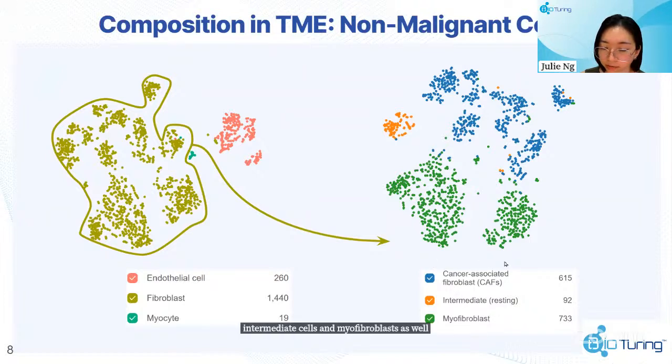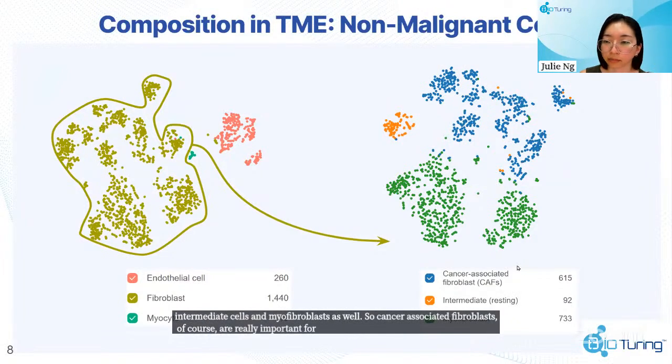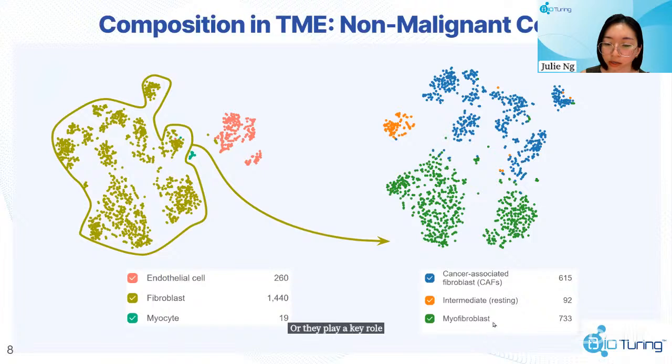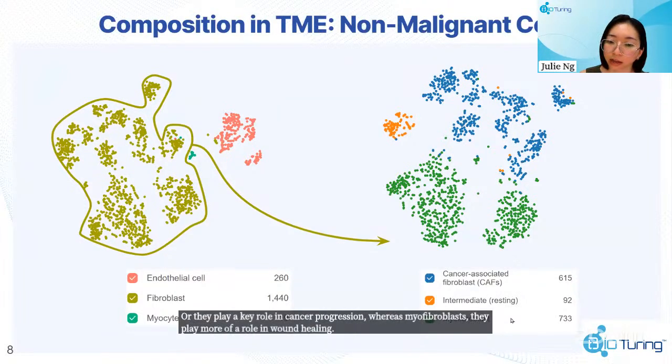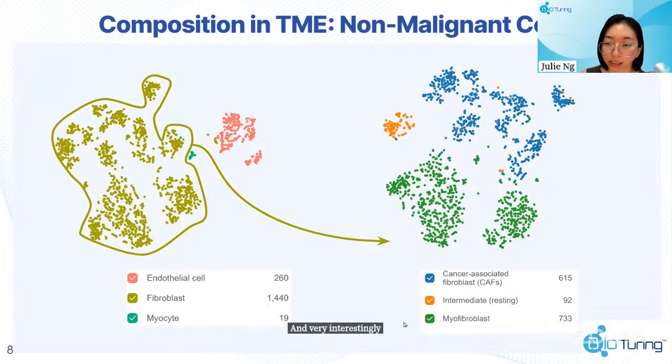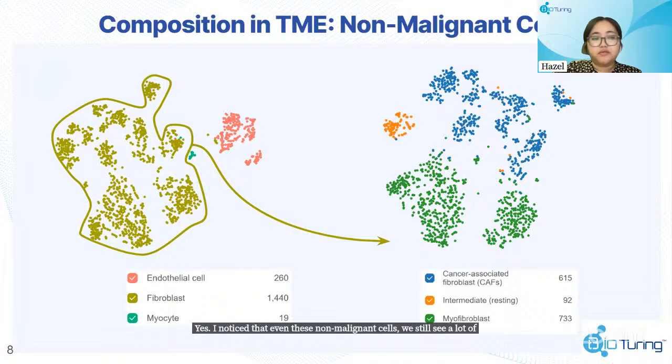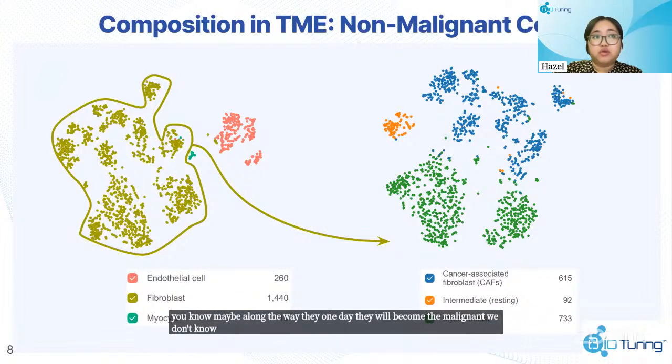Cancer-associated fibroblasts, of course, play a key role in cancer progression, whereas myofibroblasts play more of a role in wound healing and, very interestingly, in EMT as well. Yes. I noticed that even in these non-malignant cells, we still see a lot of cancer-associated fibroblasts, or CAFs. So maybe along the way one day they will become malignant. We don't know, but that's very interesting to know.